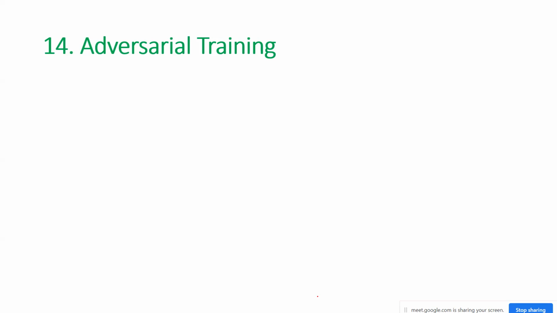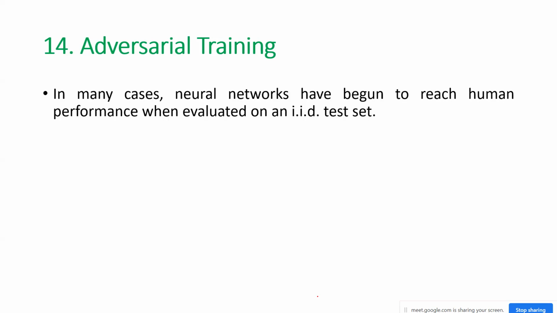In many cases, neural networks have begun to reach human performance when evaluated on an IID test set. The overall motivation for using this adversarial training model is human evaluation. We are trying to develop a model that performs the way a human being performs.